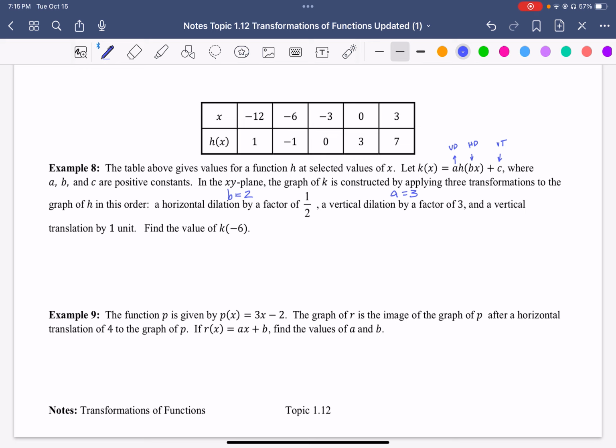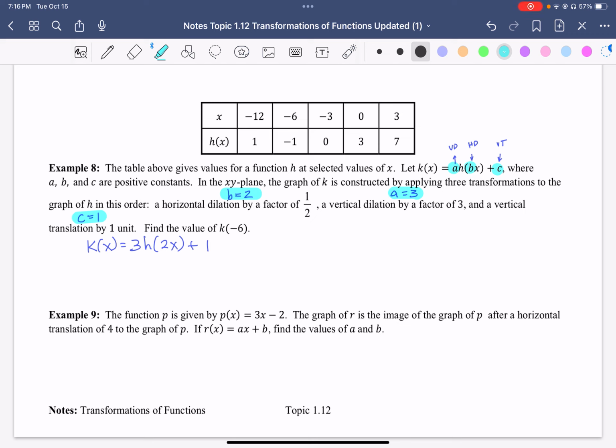And then finally, the vertical translation would be c, which is also exactly what it appears, so c has to be 1. So if I plug those into the formula, then I would get that k of x is equal to 3 times h of 2x plus 1. Okay, so again, all I did was plug these numbers into the formula to get this one.